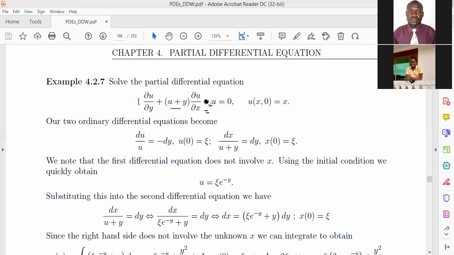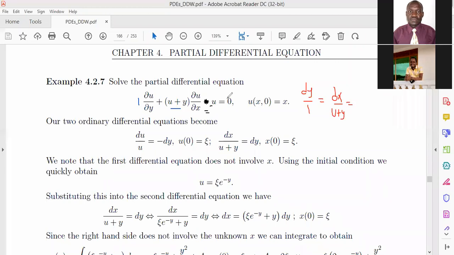So if it becomes equal to minus U, what would this imply? That would imply that we have a dy over 1. This is a dy over 1. I hope we are together. This one over 1. Then we have a dx over that one. This is equal to a dx. Hopefully we are together. And this dx is over u plus y. This is u plus y. And then this is equal to, remember, it was plus u.